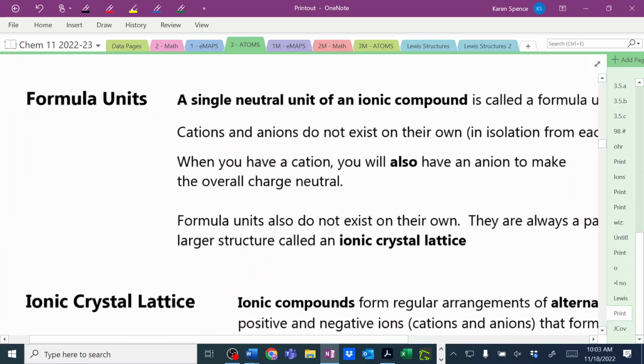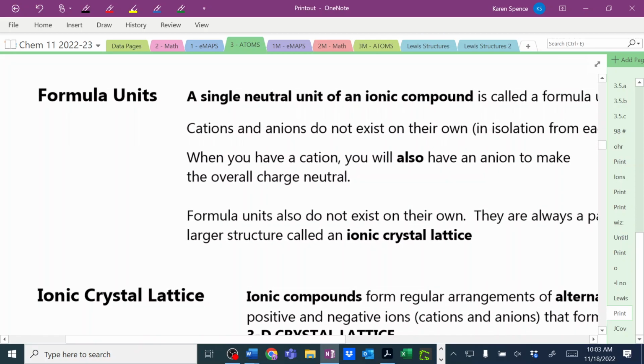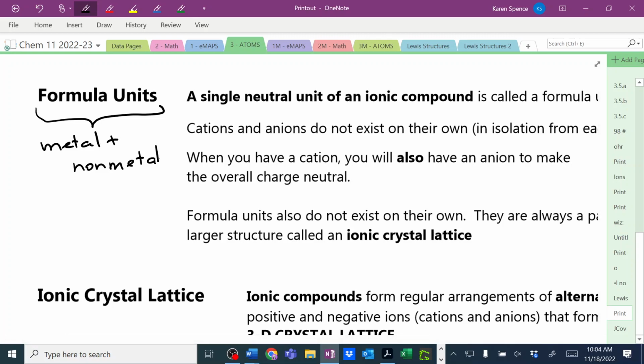Formula units. What kind of compounds have formula units? Metals and nonmetals. Metal plus non-metal. What kind of bonds do we have?